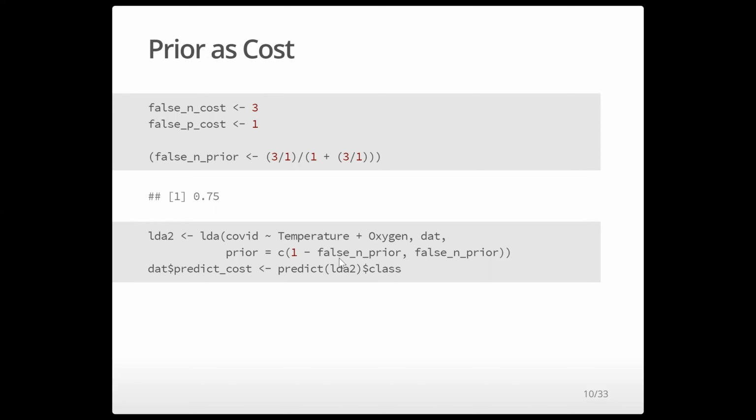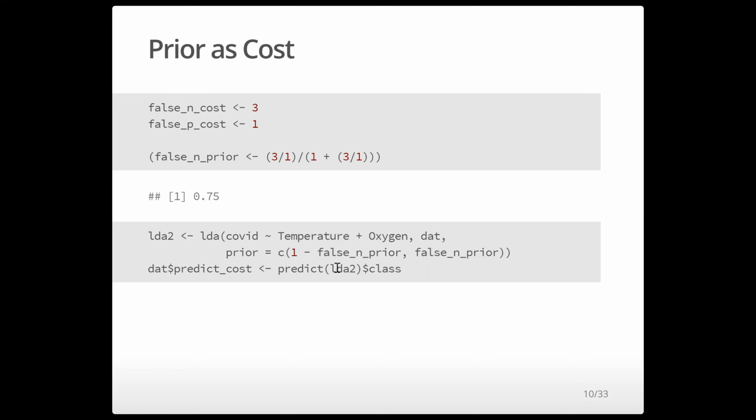We can, of course, do all of this in R. We can first code our cost as 3 for false negative and 1 for false positive. I actually just wound up writing them in here. To make my code reproducible and reusable, I should be entering the objects I create down here, because I will reference these again later, so that's why I created them. But either way, it doesn't matter.